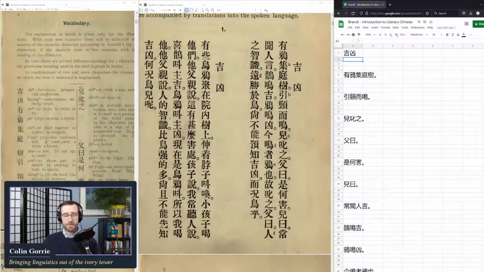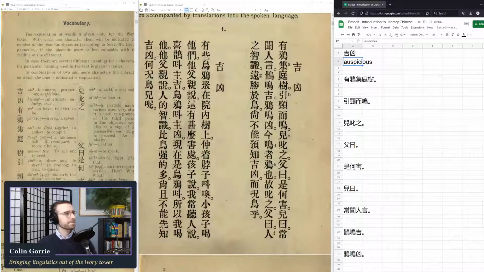Let's just do a morpheme by morpheme gloss. The writing system's kind of nice because it tells us exactly where the morphemes start and end, one to one. So we have Ji, which is something like fortunate, prosperous, auspicious. The textbook is giving us a bit of a hand here, saying that the meaning used in the text is given in italics, so it's nudging us in the direction of auspicious. So let's go for it. What do we have next? Xiong: unfortunate, unlucky, cruel.